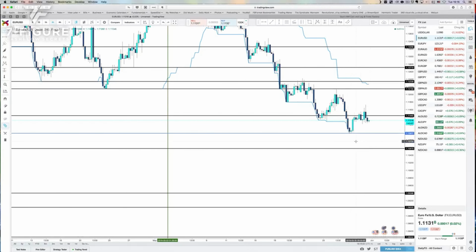What's the next level? It's this 110.57 level, and then we should see it push lower, hopefully. I can't tell you the future, but I can tell you that I have a high probability that this price is going to push down to this 110.57 level. There's a very high probability that it's going to do that.